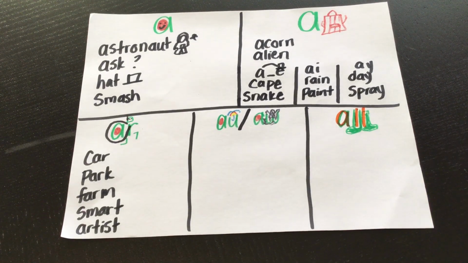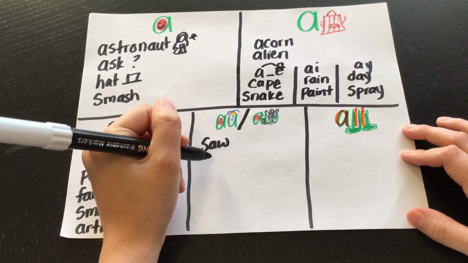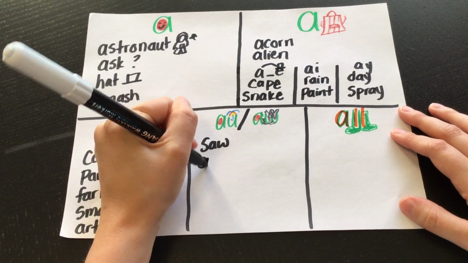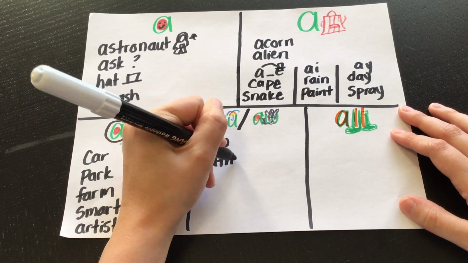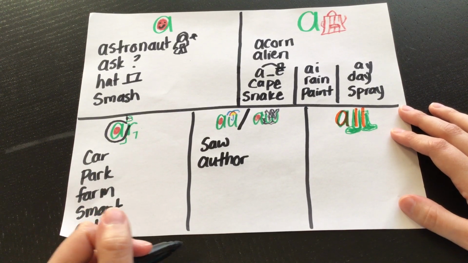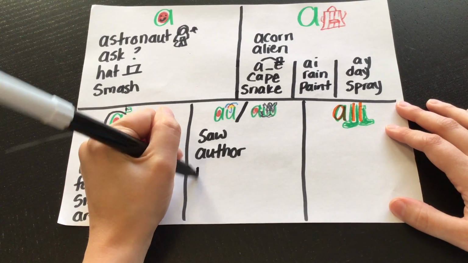Now this AU-AW, that ah sound, right? We have saw, which is one of our purple sight words. The person who writes the words of every book is an author. Some of you may or may not watch a show that has that AW sound in it, right? Paw.